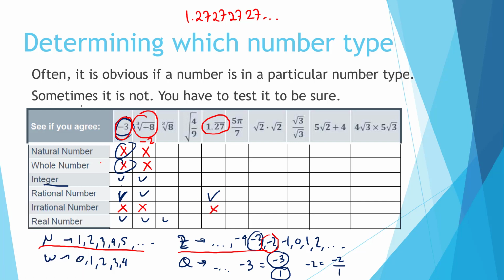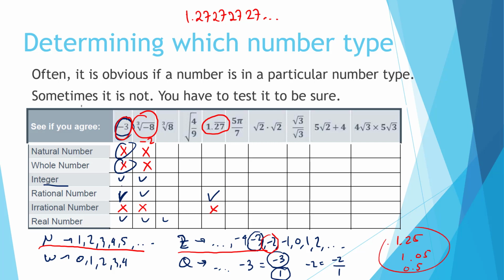Right? The next step is we want to know whether this 1.27, 27, 27, and so on is a natural number, whole number, or integer. As you can see the pattern here, guys, the natural numbers, whole numbers, and integers do not include any decimal numbers, like 1.25, 1.05, 0.5, and so on.